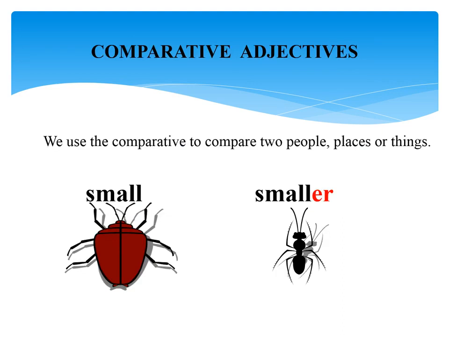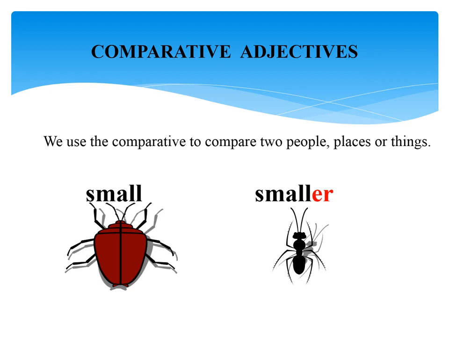Now we have some basic rules. Number one, when we're going to compare two words, or two people, animals, or places, in these cases they are insects, we have to add two letters at the end of the word, like in these cases: ER.